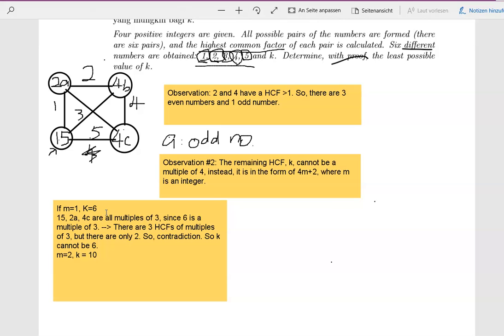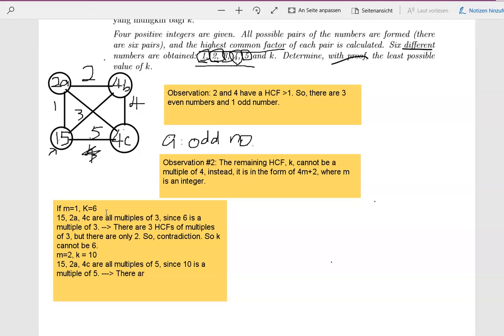So what do we have here? Okay, we have 15, 2a, 4c are all multiples of 5, and since 10 itself is also a multiple of 5, but okay, this is also the same thing as above.